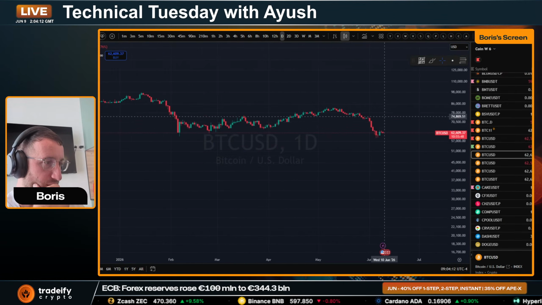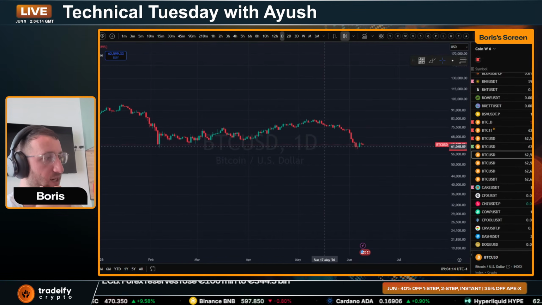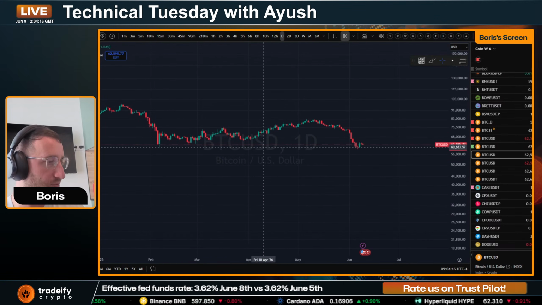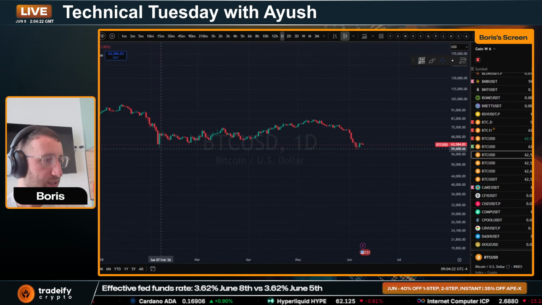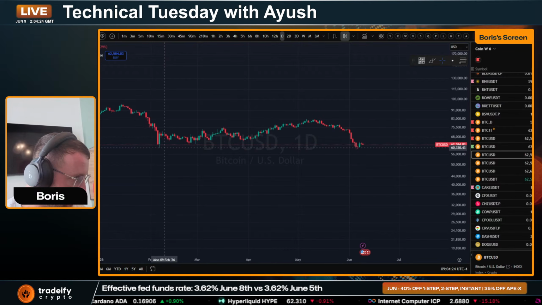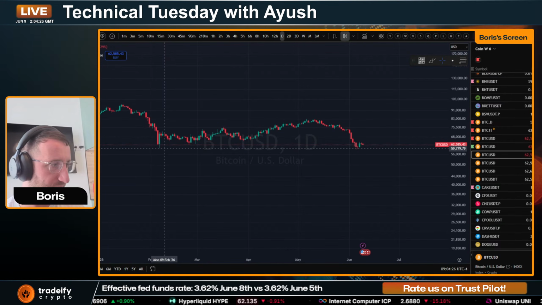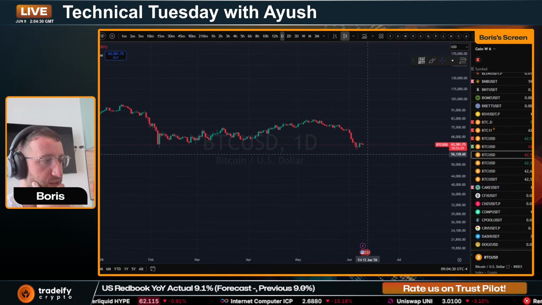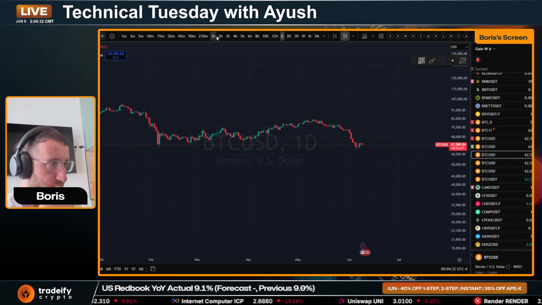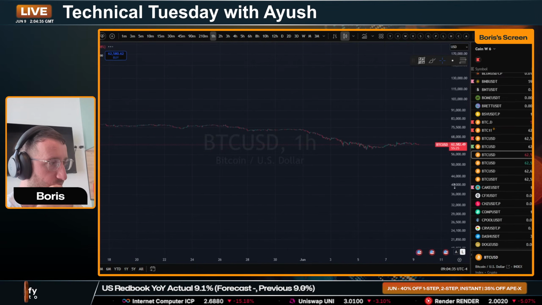On the daily time frame, we did form, I guess you could call it, a double bottom for now. We did slightly pierce the low from February 6th, which was roughly slightly below 59K, but it turned out to be a fake out, which was more apparent on the lower time frame.